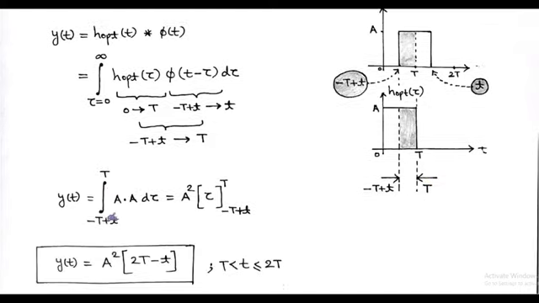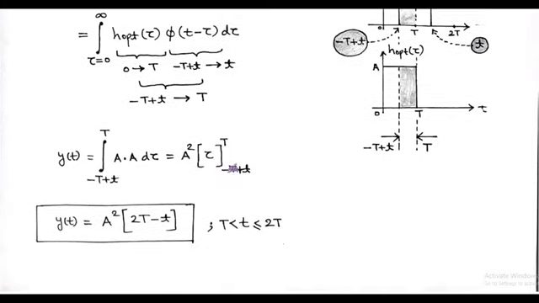After taking this common region, the output y(t) equals the integration of A squared d tau, taking limits from minus T plus t up to capital T. After solving, we get the output y(t) equals A squared times (2T minus t). This is the case when we take small t greater than capital T but less than or equal to twice capital T.